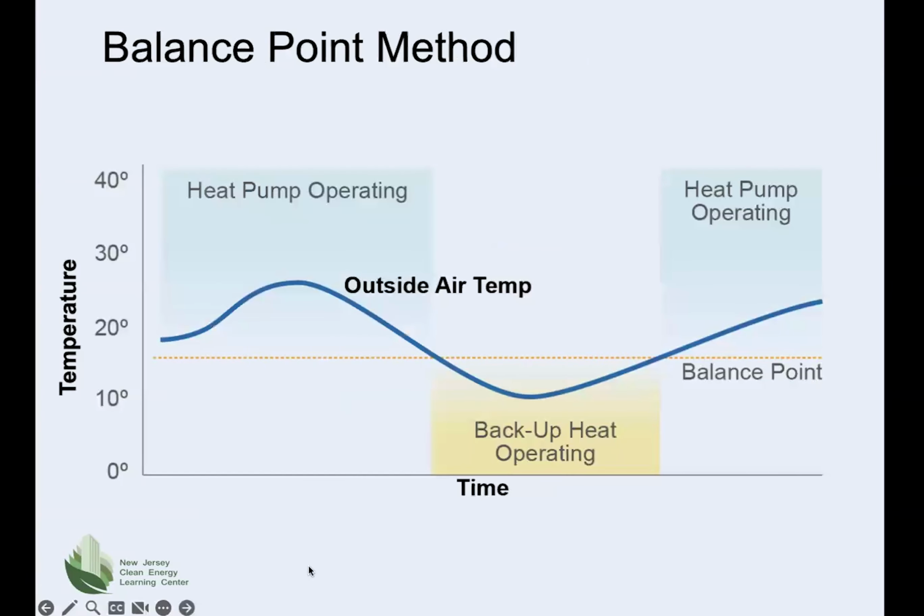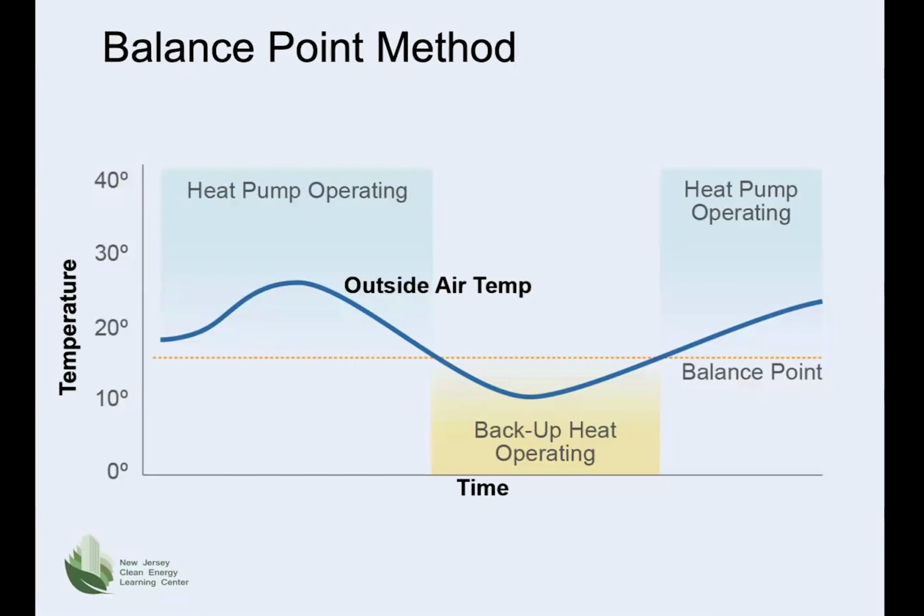This graph shows how the heat pump and backup heat equipment operate based on outside air temperature. So an outside air temperature sensor is required. The blue line shown here shows the changes in outside air temperature over a period of time. The dashed orange line indicates the balance point, and in this case with an outside air temperature of 15 degrees.